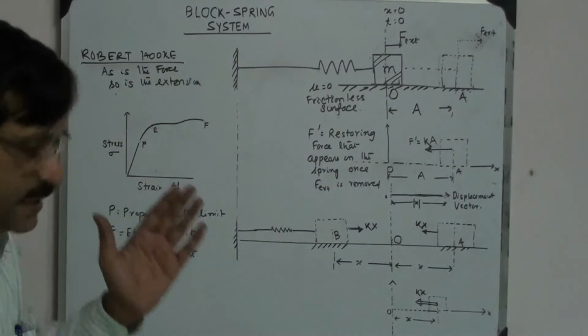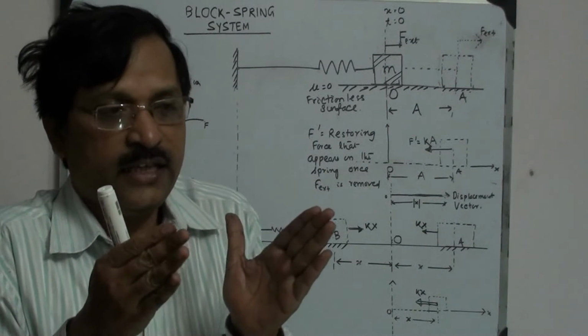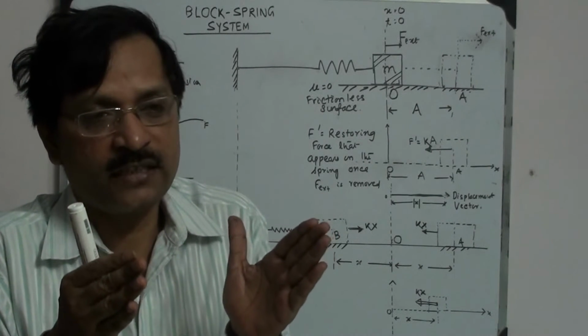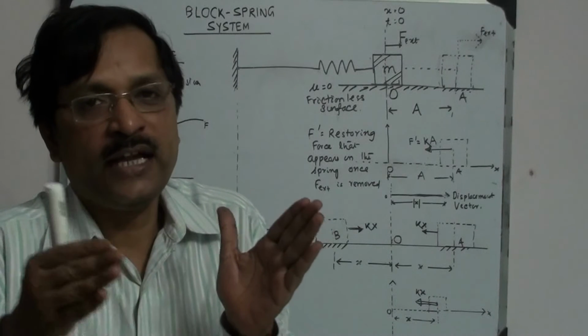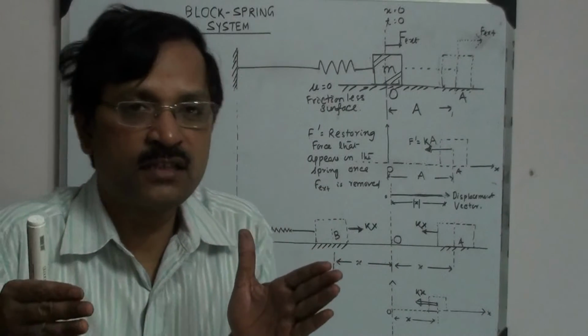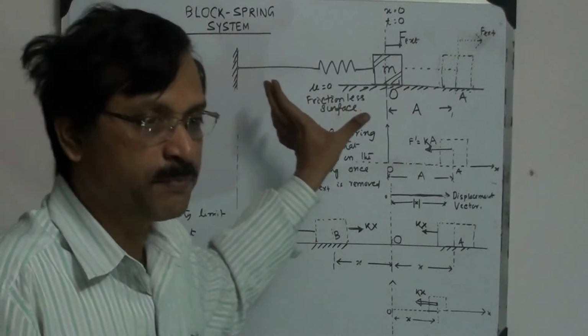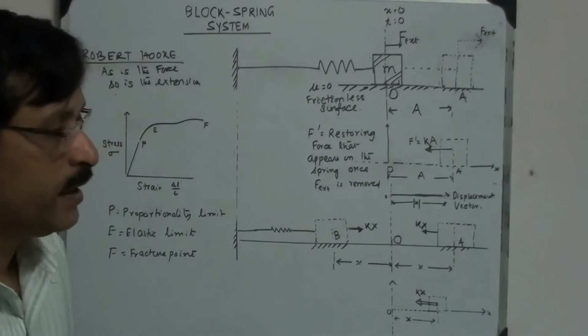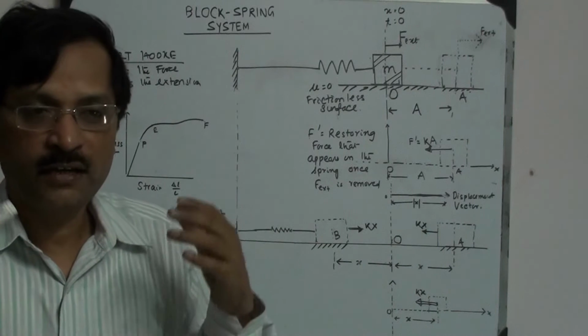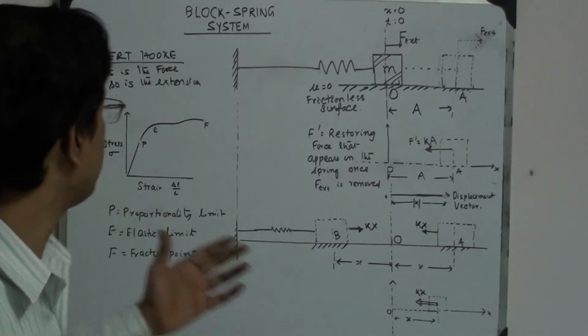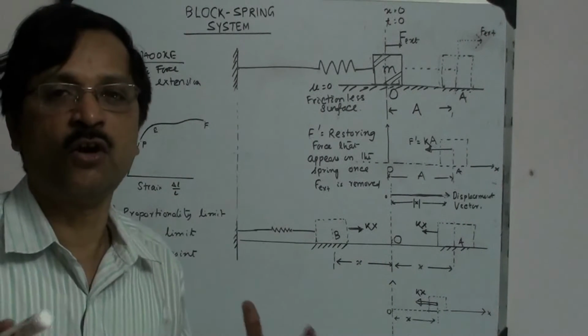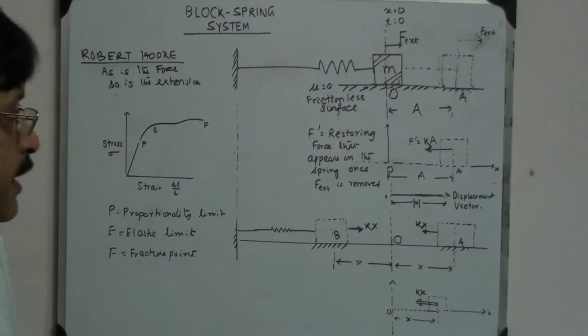Now, this assumption that the spring should not be extended to a level where the extension or the displacement is large compared to the length of the spring comes from a particular physics law known as Hooke's law.